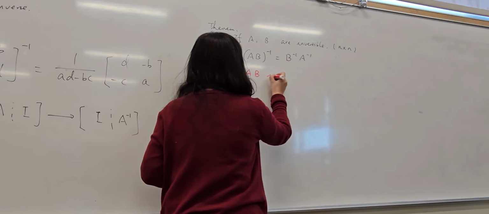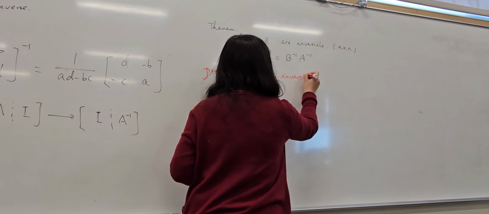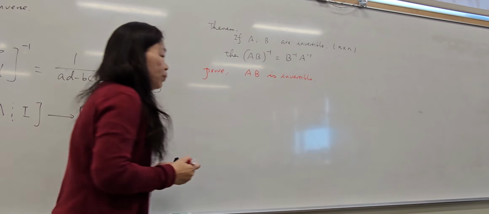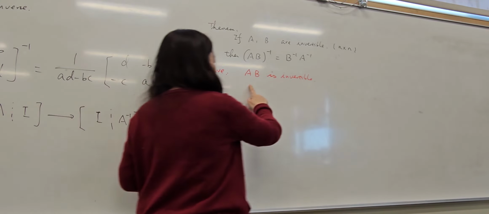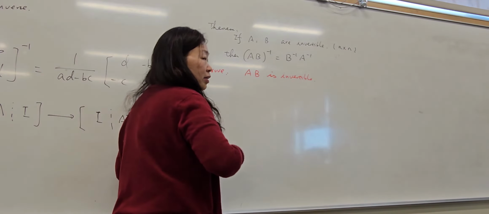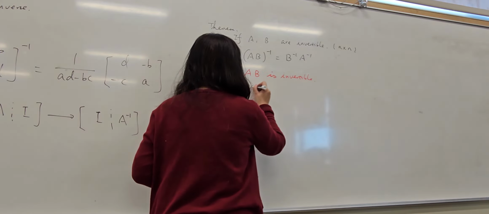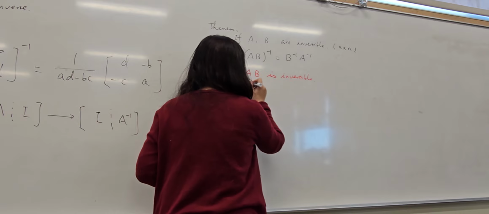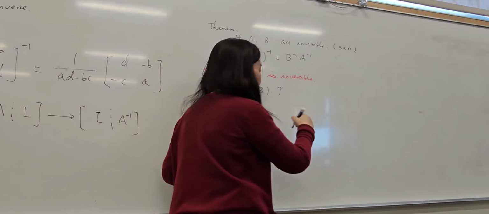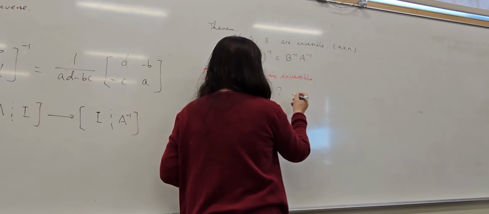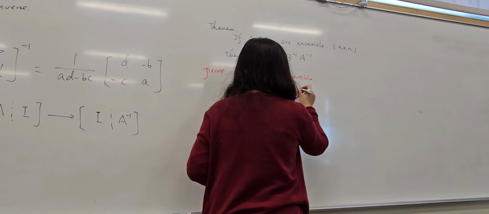A times B is invertible. So when you prove A times B is invertible, that means AB times something should equal to BA times that thing.